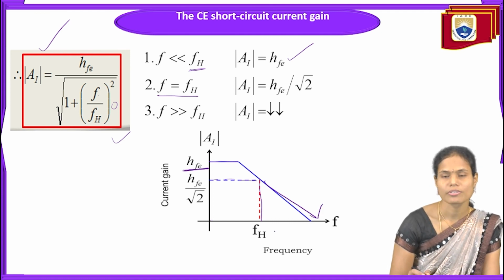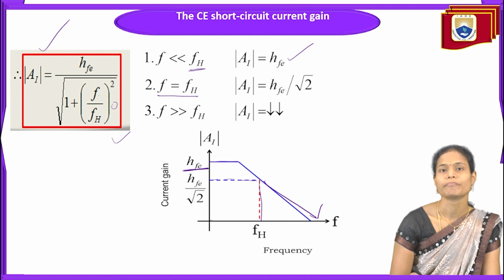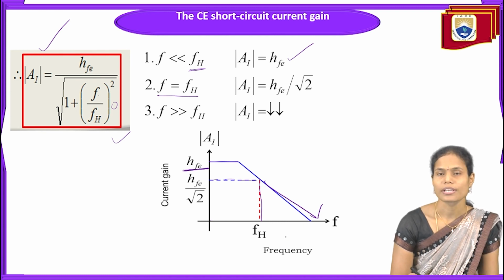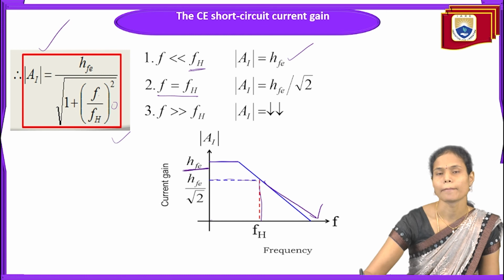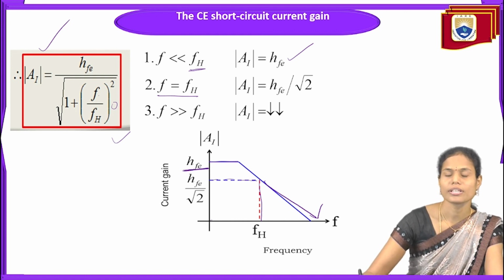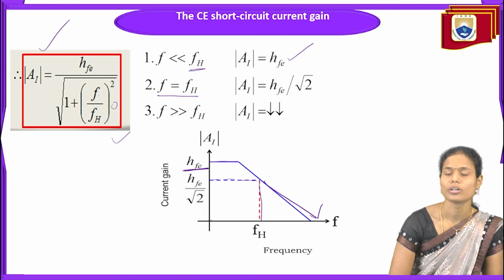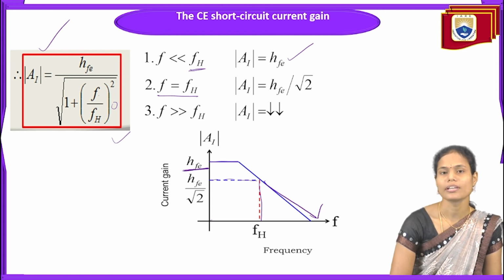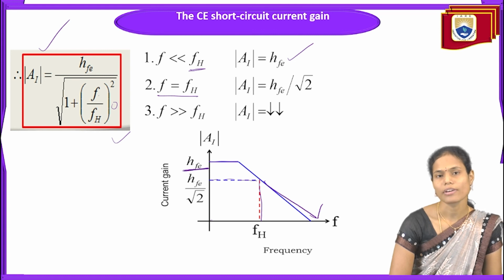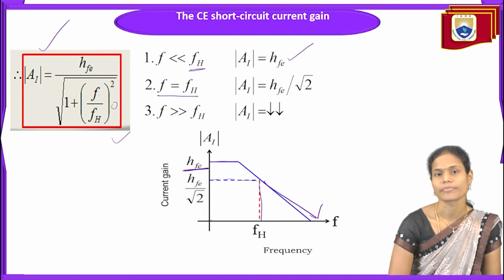So this is the frequency versus current gain curve in the case of the hybrid pi model of the common emitter circuit. As frequency varies, the gain value also varies. From this analysis we can say for low frequency signals the gain is very high, and as frequency increases the gain value decreases, and at the cutoff frequency we get a moderate gain.